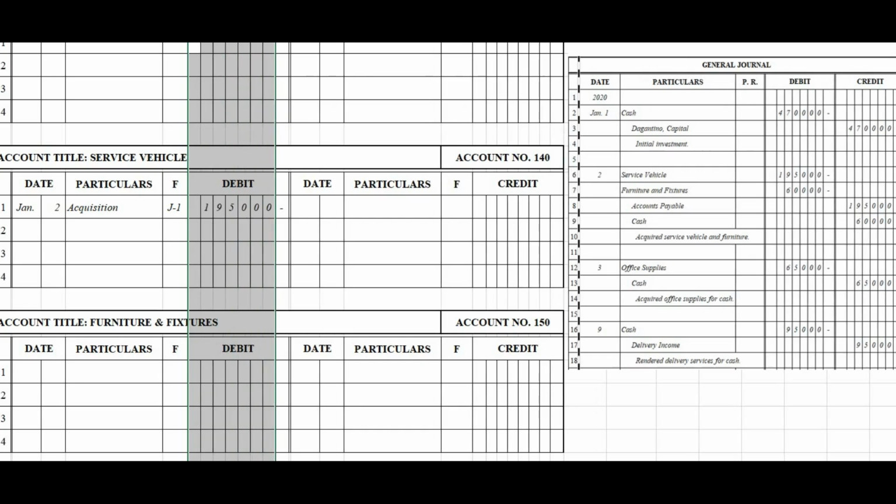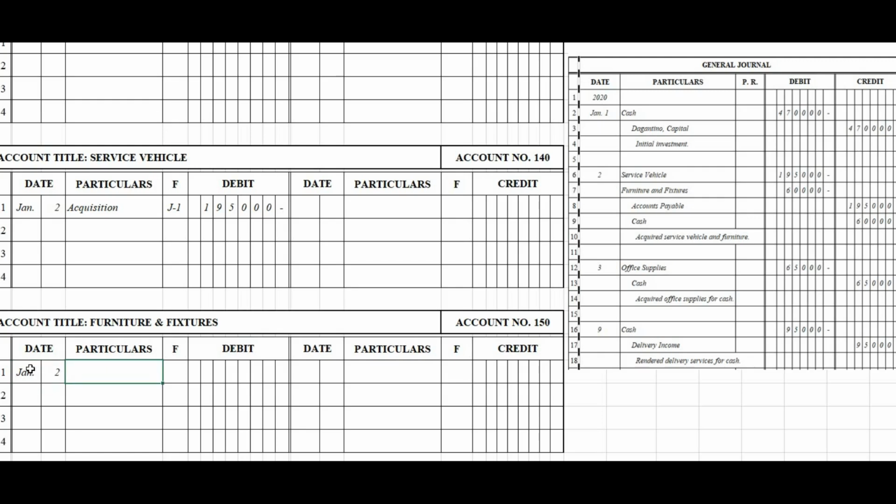Hindi makita yung mga amount yan. So, that's 195,000. Okay? Then, the next account is furniture and fixtures. So, dito naman tayo, January 2, again.